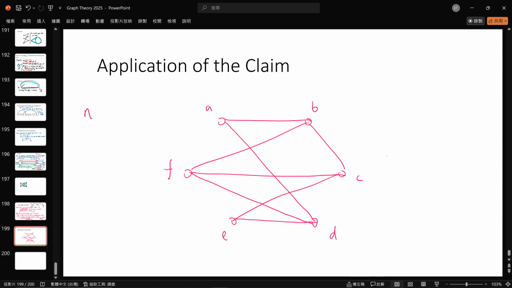In this case, n is 6, so we can connect any two vertices as long as their degree sum is at least 6. For example, we can connect C and D, because C and D are not adjacent, and their degree sum is 6.